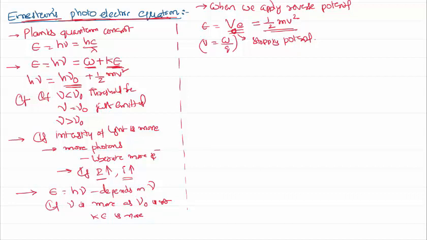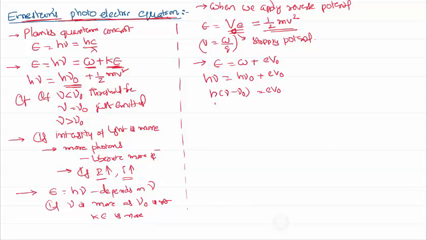Thus, we can rewrite Einstein's photoelectric equation as work function plus energy due to the stopping potential, eV naught. So energy h nu equals h nu naught plus eV naught. So h of nu minus nu naught is eV naught.